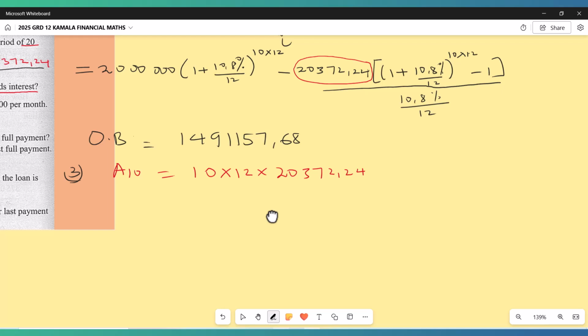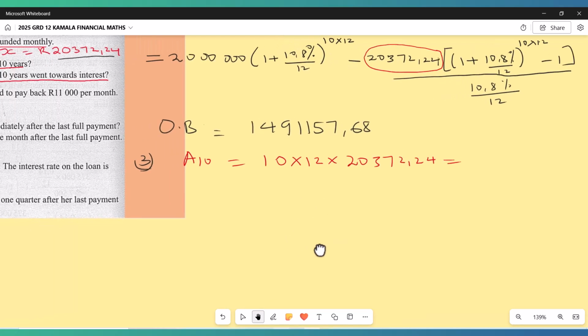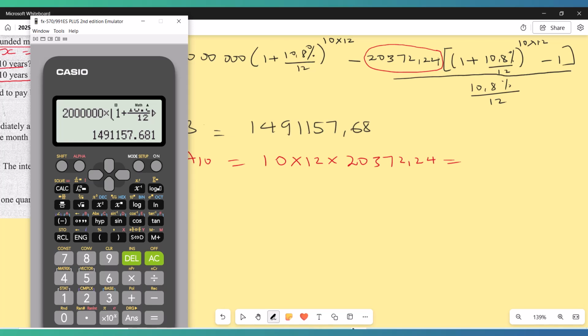Then how much is that? Calculator, how much is that? We say here 10 times 12 times the monthly payment of 20,372.24.